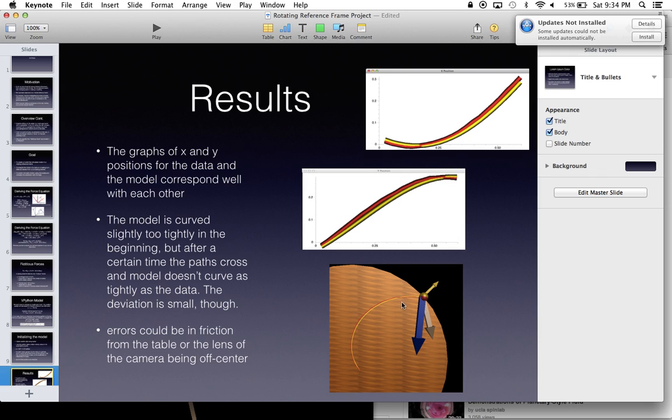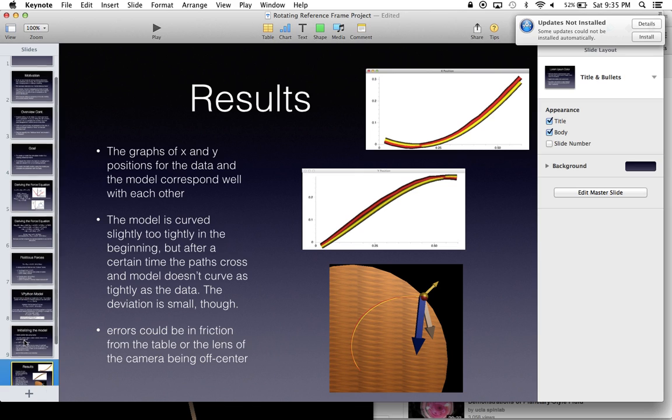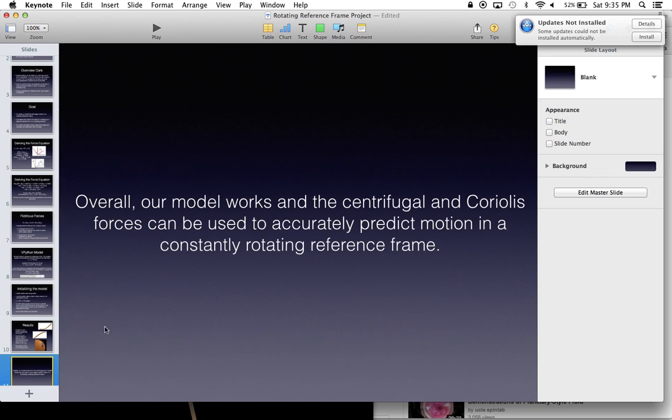Yellow curves too tightly at the beginning, and then it crosses right here and doesn't curve tightly enough. But an error like that could be due to friction from the table or the lens of the camera being off-center. But all in all, our model works, and the centrifugal and Coriolis forces can be used to accurately predict motion in a constantly rotating reference frame.